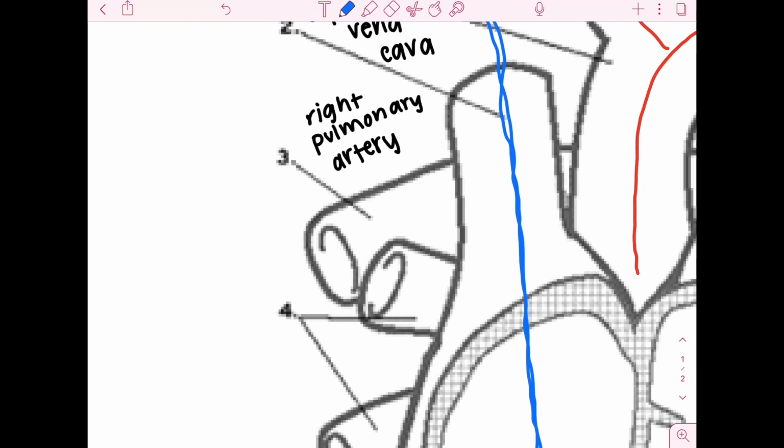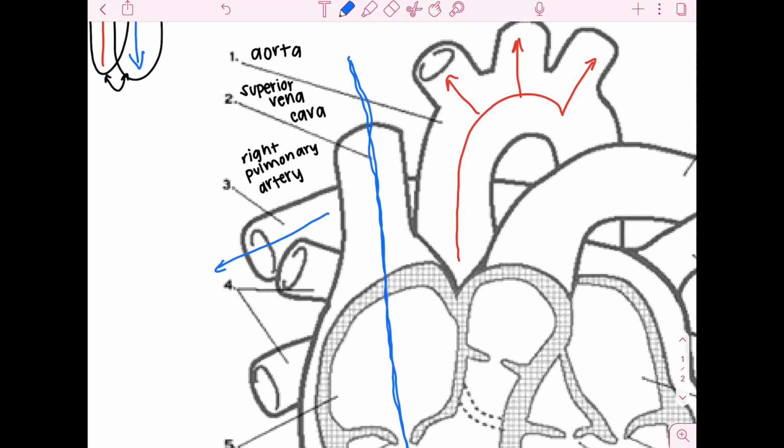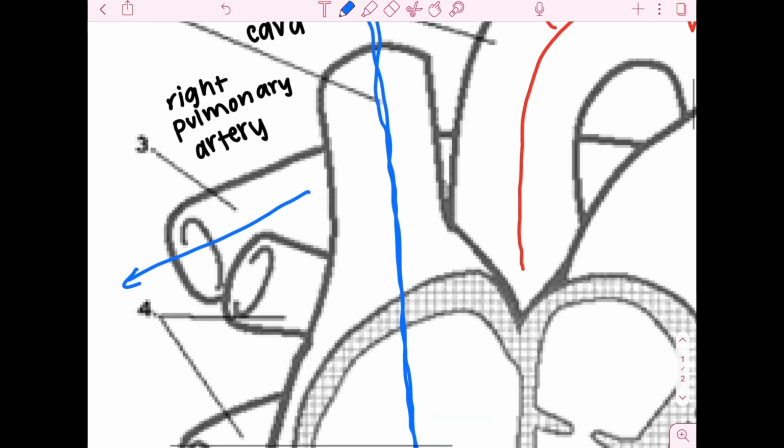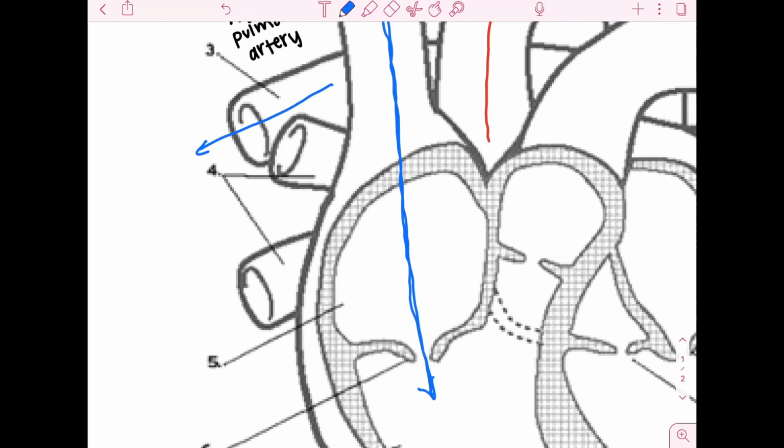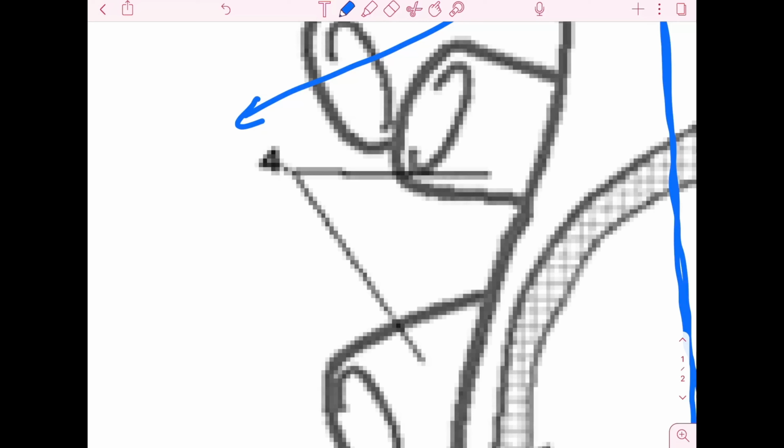We're going to take our deoxygenated blood and draw an arrow out, because our lungs are going to be somewhere over here. So we're going to draw an arrow out because the deoxygenated blood is going to the lungs in order to get oxygenated.